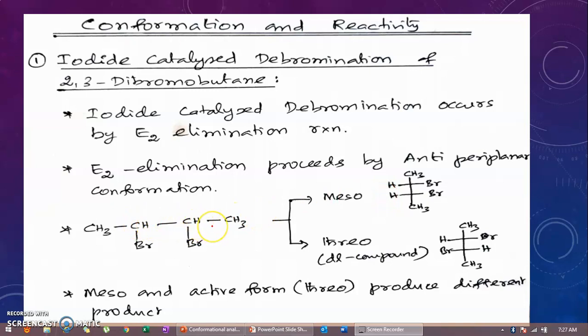Actually, 3 possible isomers are there. One is called the meso isomer, and the remaining 2 are the optically active forms. They exist as a enantiomeric pair. Are you able to understand? So we have the D and L forms of the compound.